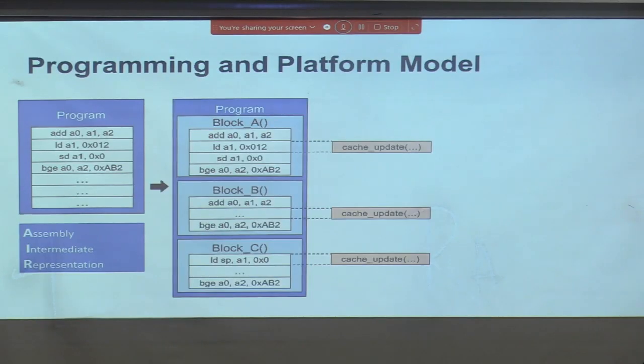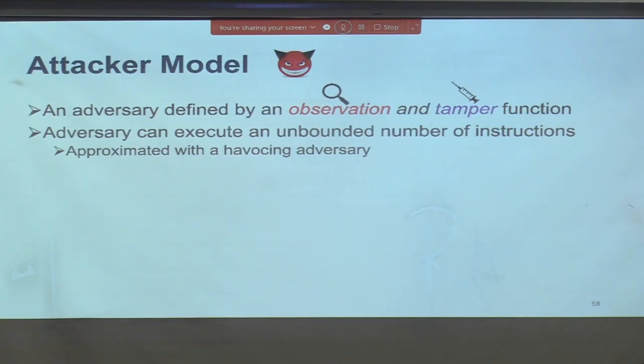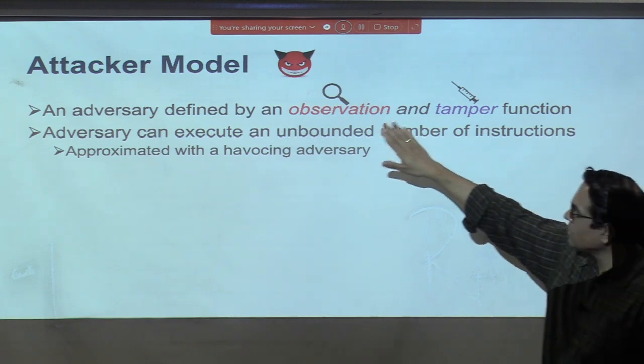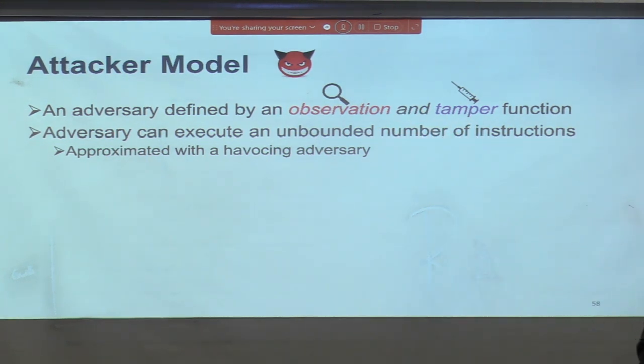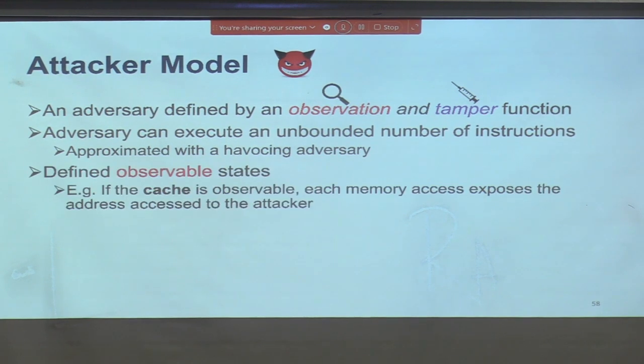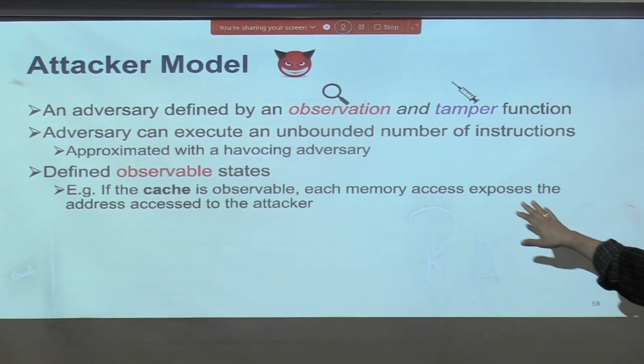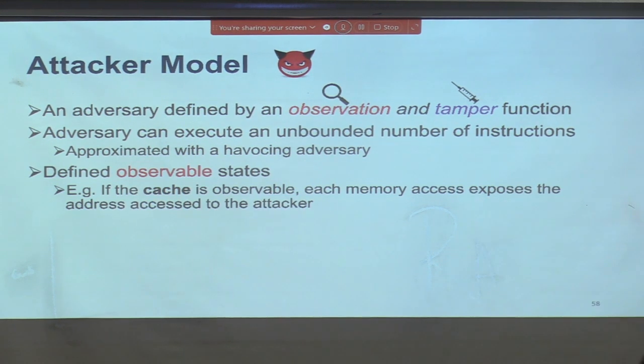So what we did was that our adversary model, well, again, as I told before, there is an observation function and tamper function. And the adversary is a process that can execute an unbounded number of instructions in between any two instructions of the program, the victim program. And then we define what is observable. For example, in the case of Spectre variant 1, you're looking at the cache as a state that is observable.